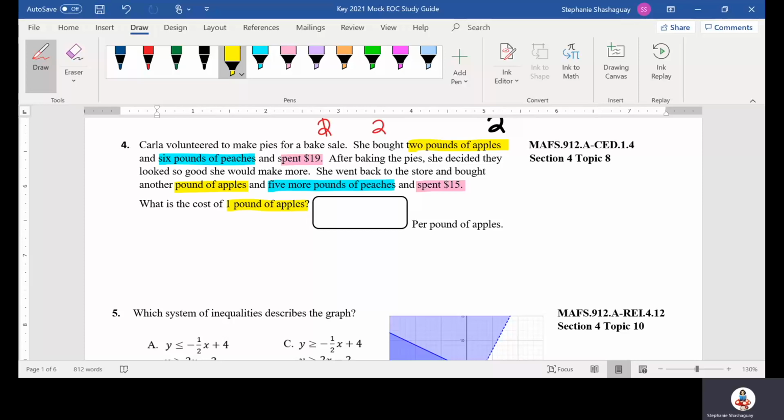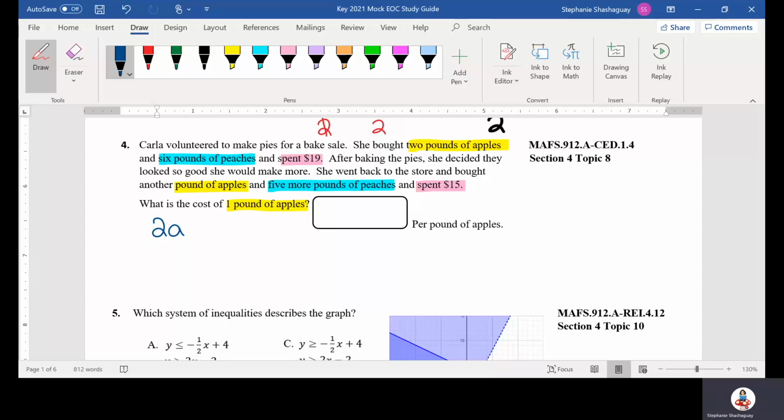All right, this is a systems of equations question. They've given us 2 equations here, and we have to use those 2 equations with those 2 variables to solve for 1 variable. So first I have my 2 pounds of apples. So I'm going to write 2a, a meaning apples.